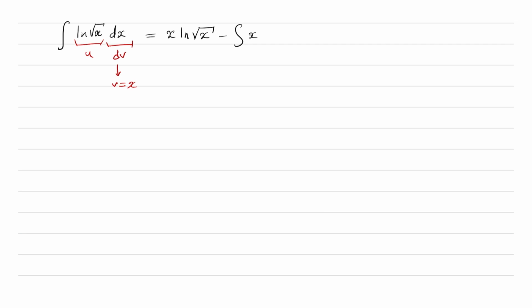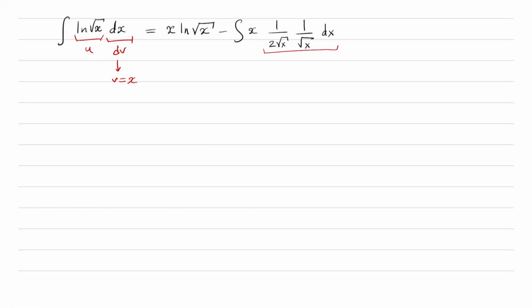What is du? Well, the derivative of ln of square root of x, that's the derivative of square root of x, which is 1 over 2 square root of x, times the derivative of ln at square root of x dx. So this whole thing here is du, which is nothing but u prime dx.